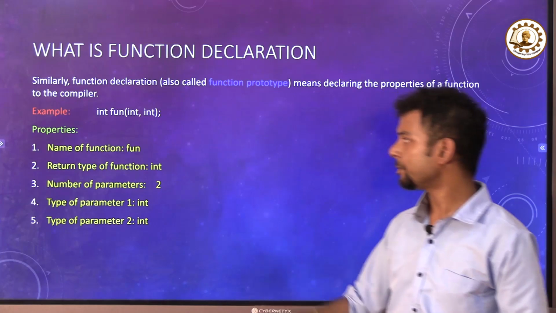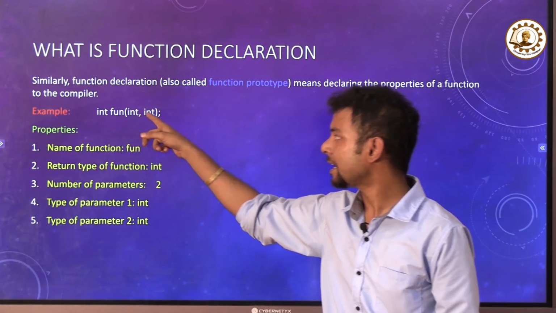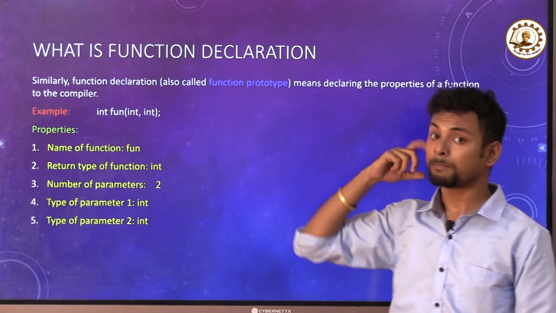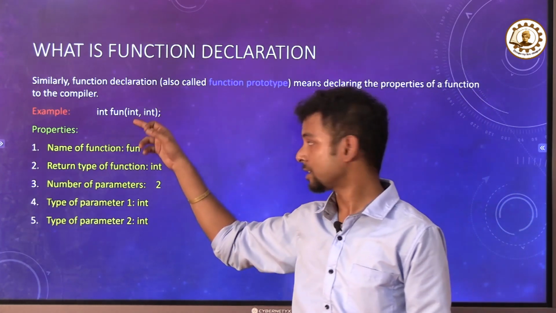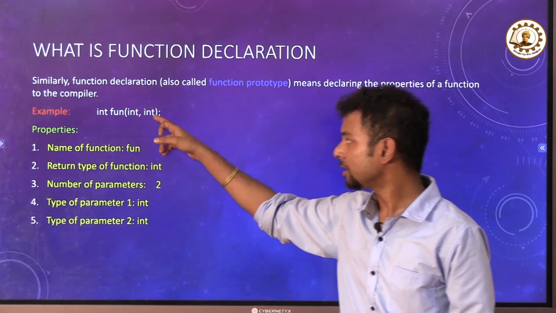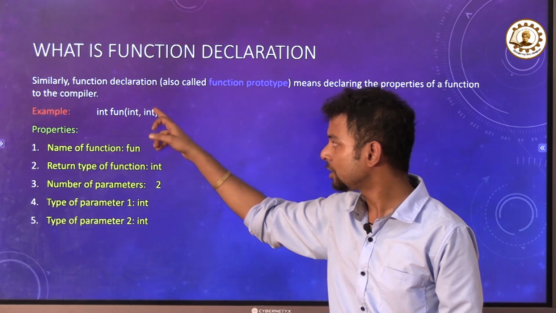Next, the number of parameters. Whatever you write inside this parenthesis, these are called the parameters, the parameter list. How many parameters have you declared? I have written int 2 times.